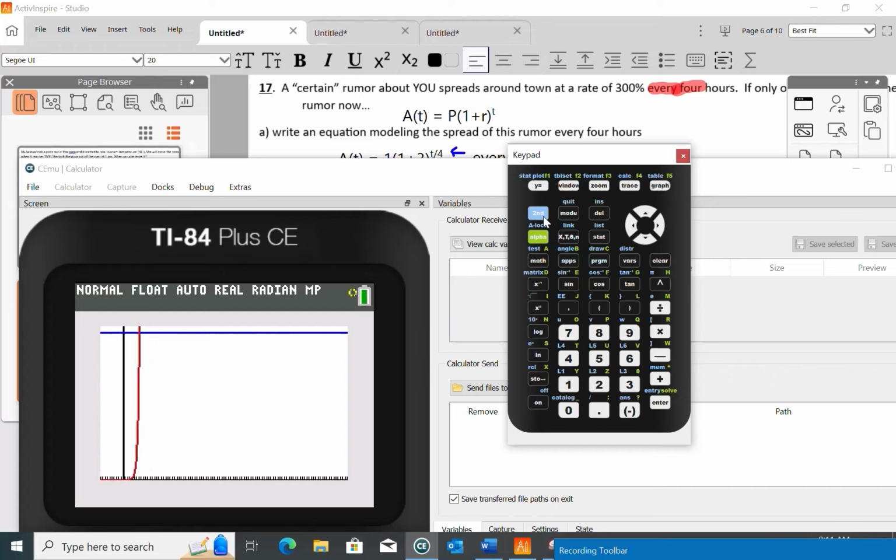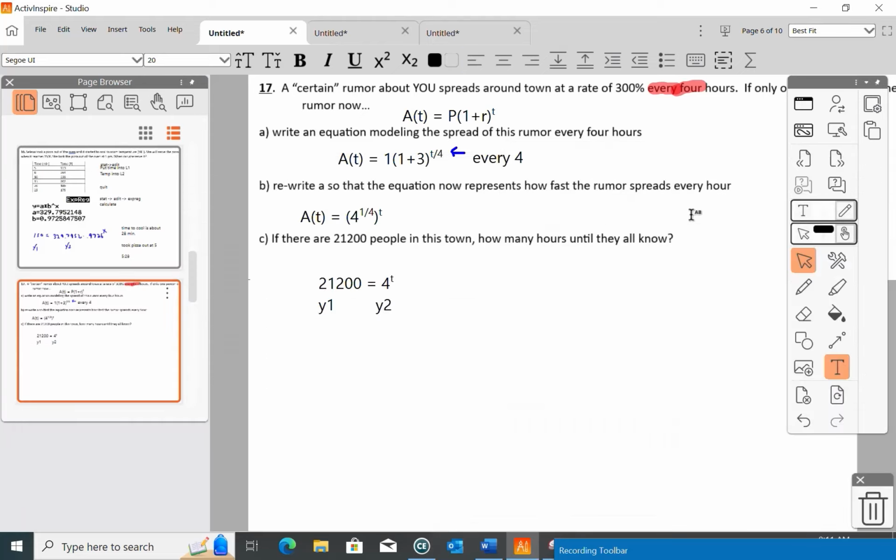Oh, it didn't take long at all, did it? I hit second trace 5. I'm not even going to get close because there's only one answer. Enter, enter, enter. 7.1859 hours.